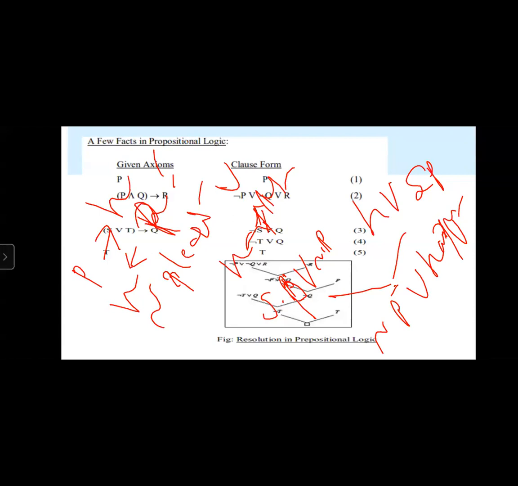In part 1, we have seven English sentences. It is a sunny and warm day, we will enjoy: sunny and warm implies enjoy.